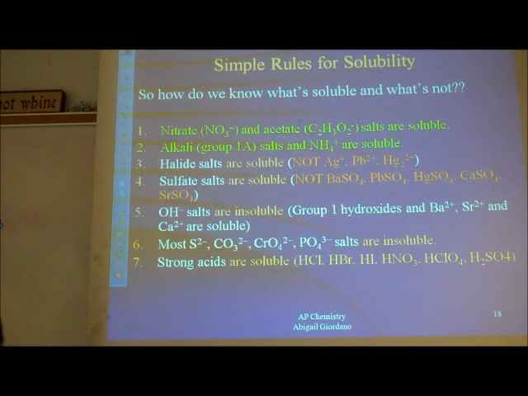You will have to predict the products, and then using these rules, decide which compounds will split up, will ionize, and which ones will not, in order to get down to your net ionic equation. So, let's look at this.